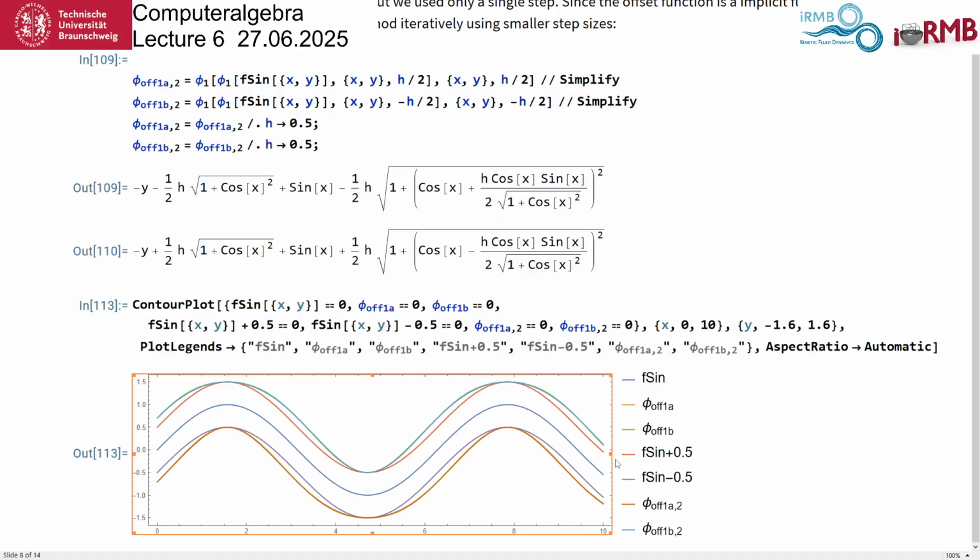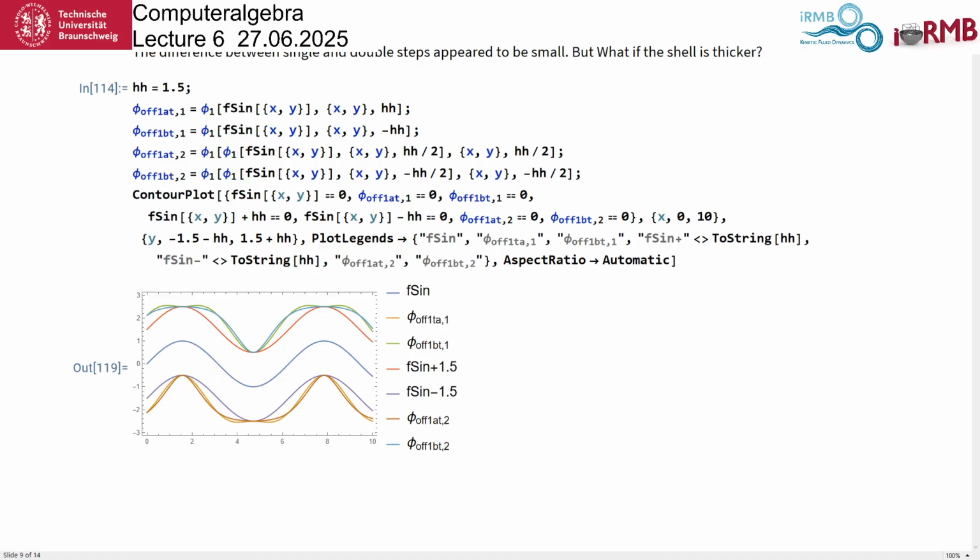Okay, nice. But potentially this is just because we have a nice sine function. This is cheating in comparison to what we could have, and the other thing is our shell was not too big. So now what we are going to do is we do the same thing again. We use a larger h.